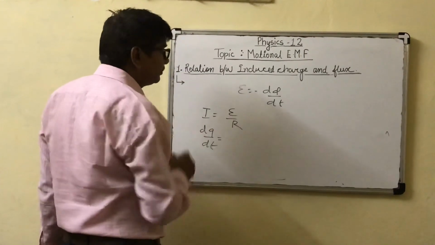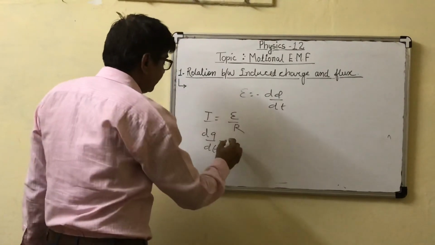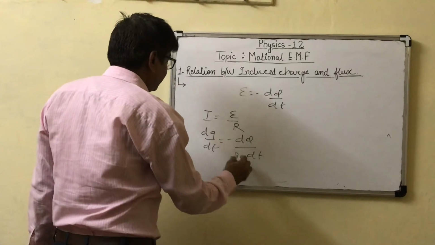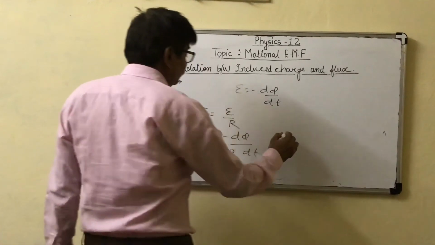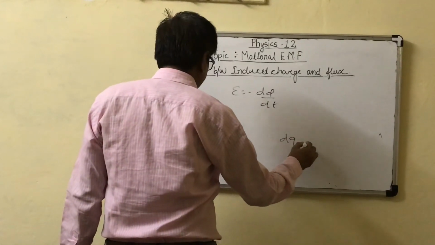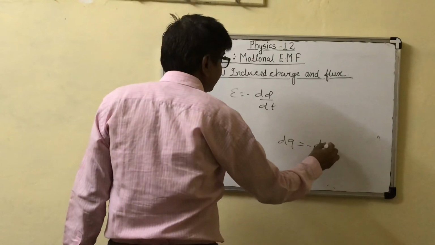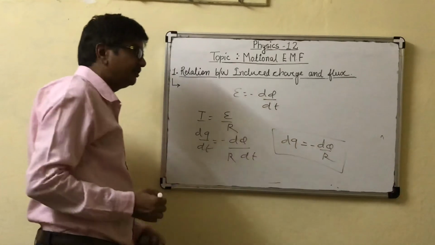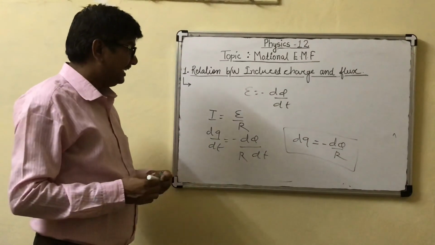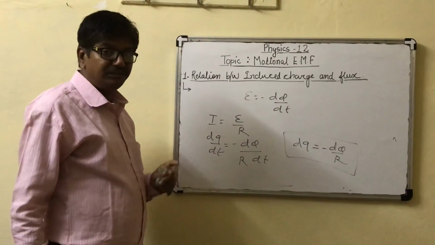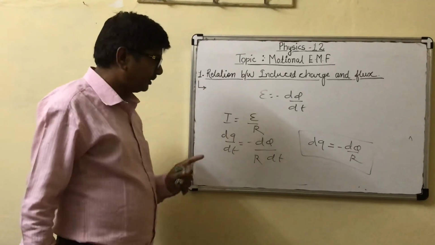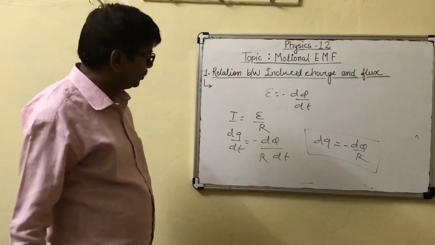What is the value of E? Minus d phi by dt, into R. So dq is equal to minus d phi by R. This is the relation between induced charge and change in flux. That means induced charge does not depend on the rate of change of magnetic flux. Okay, thank you.